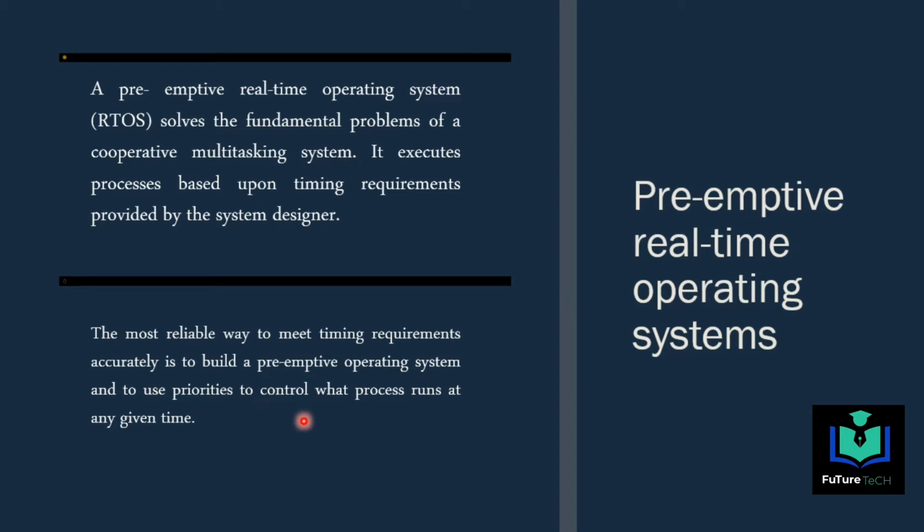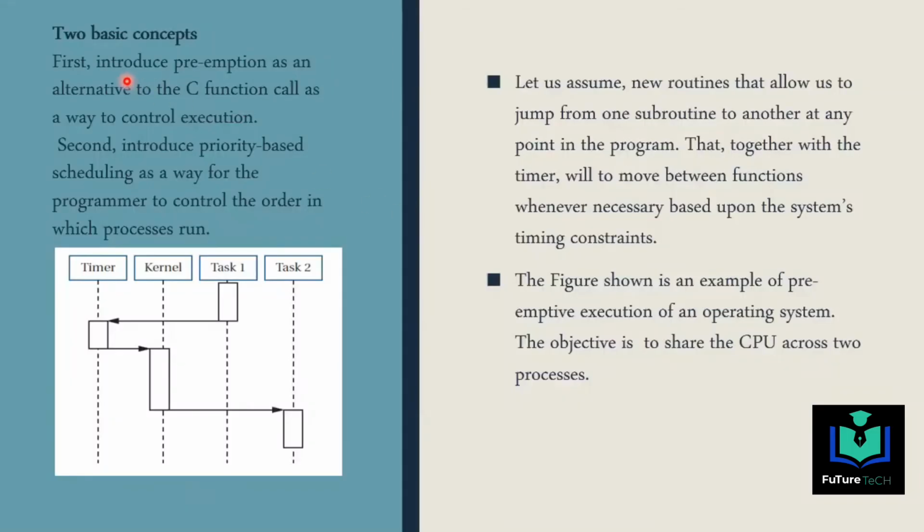So there are two things. It is fixing the time and also giving the priority to what process is running at any given time. There are two basic concepts under the preemptive scheduling algorithm. The first concept is that it is going to be an alternative to the C function to control the execution.